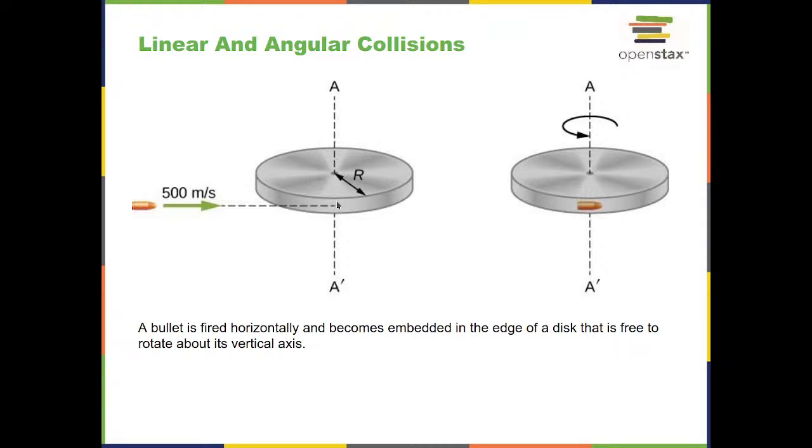That will be the distance r times the momentum m times v. And of course there's an angular momentum due to the disk, which is I times omega, but because the disk is at rest, there's no component from that.